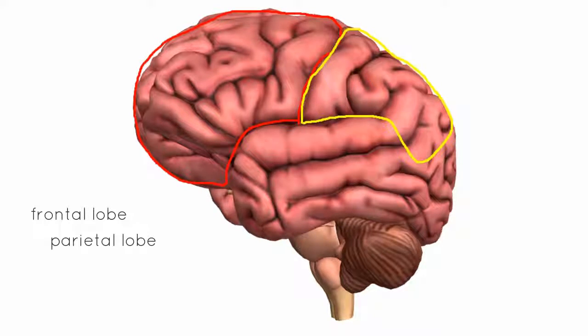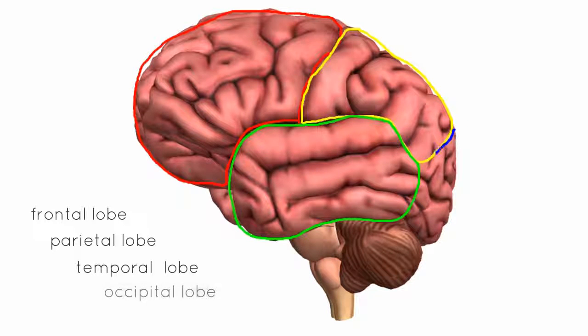It's called the parietal lobe because it lies under the parietal bone. And inferior to the lateral sulcus, which I'm drawing on in green, we've got the temporal lobe. I'm just outlining the temporal lobe here, and it runs like that. And right at the back we've got the occipital lobe, which I've just outlined in blue.